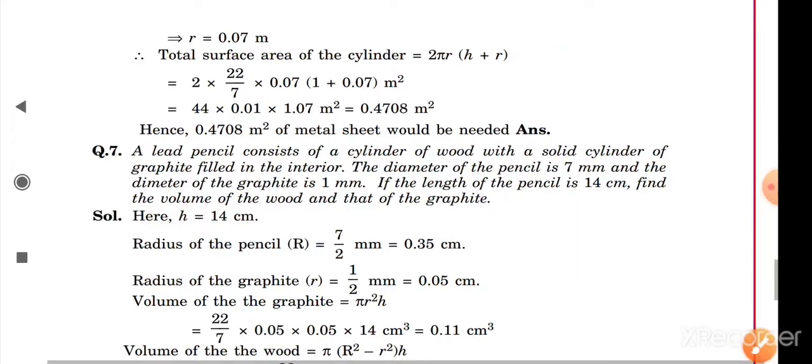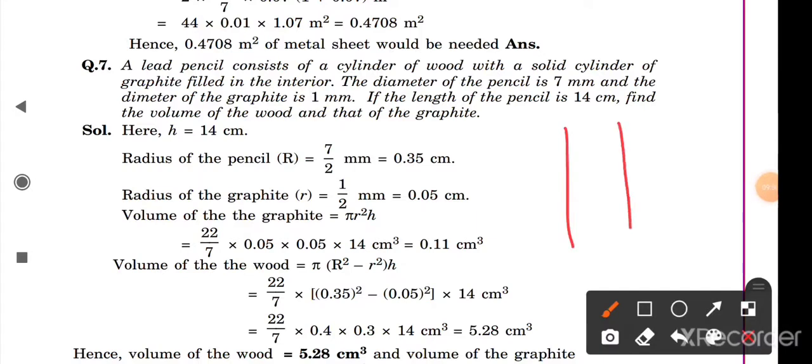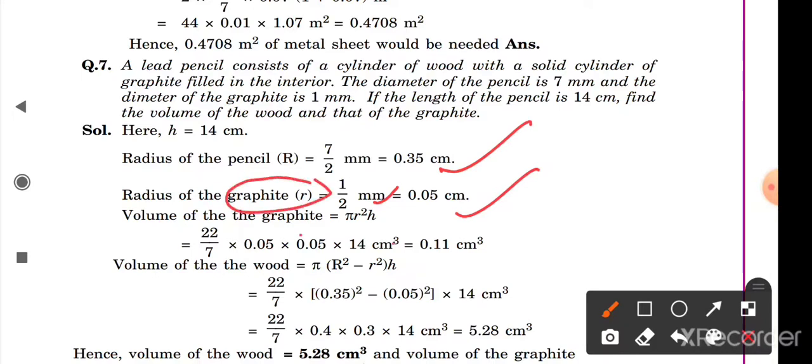Now moving to question number 7. In this, there is a graphite pencil, and you can see that inside the pencil there is a lead of graphite. So you have to find out the volume of the lead and the volume of the wood around this lead. For that, everything is given. The radius of the pencil is given, and the radius of the graphite inside, which is given in millimeter, is this, and the volume of graphite will be pi r square h.